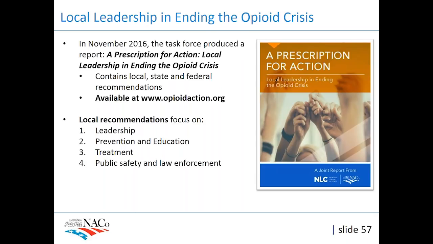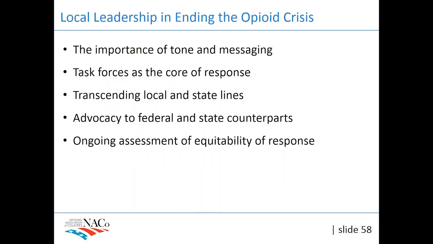So on the first bucket of recommendations, as I mentioned, we really found that stigma was a huge part of this epidemic, and we found that stigma was preventing individuals struggling with addiction from seeking help.